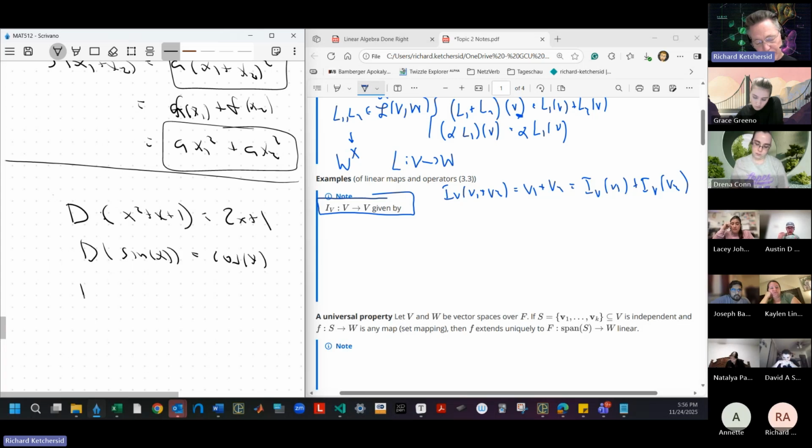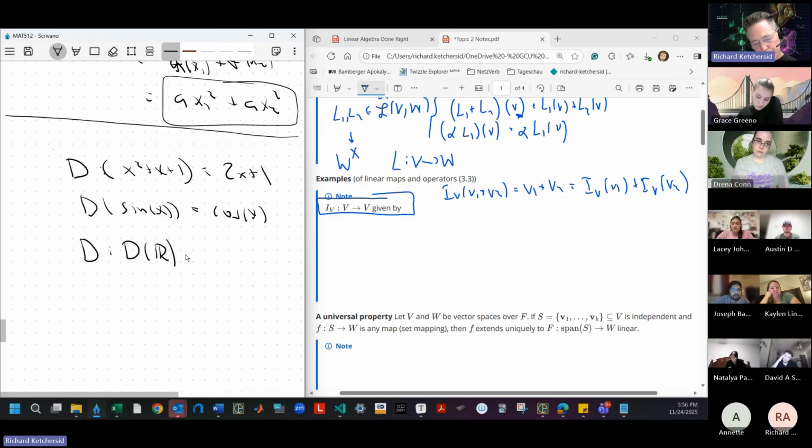I think what you're suggesting is we take D, and I'm going to go from the space of differentiable functions from R to R, and the output is going to be the space of functions from R to R, which I can write as, the way I usually write it, like this. Now, there's an interesting question as to whether the set of derivatives of a differentiable function have some interesting properties themselves. Like, are they continuous or something?